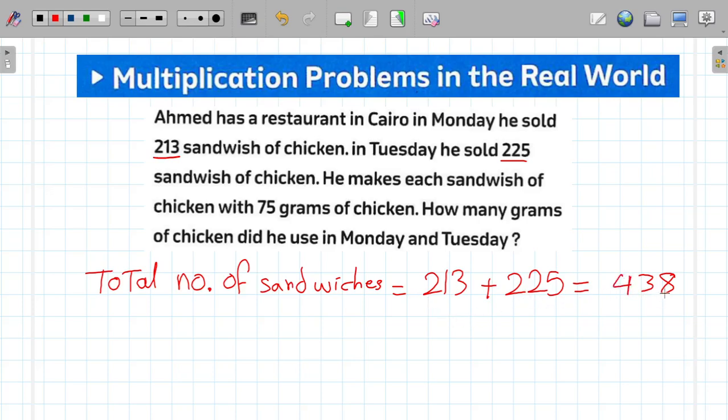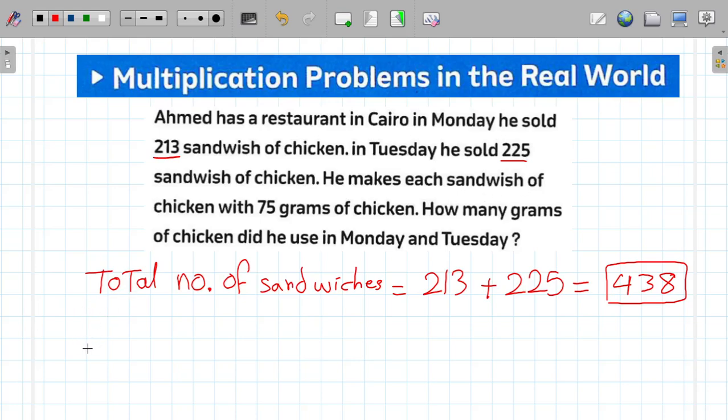So this is the total number of sandwiches in 2 days. But I wanted to find how many grams of chicken he used on Monday and Tuesday. So I will multiply the number of sandwiches here, 438, by the number of grams of chicken in every sandwich.